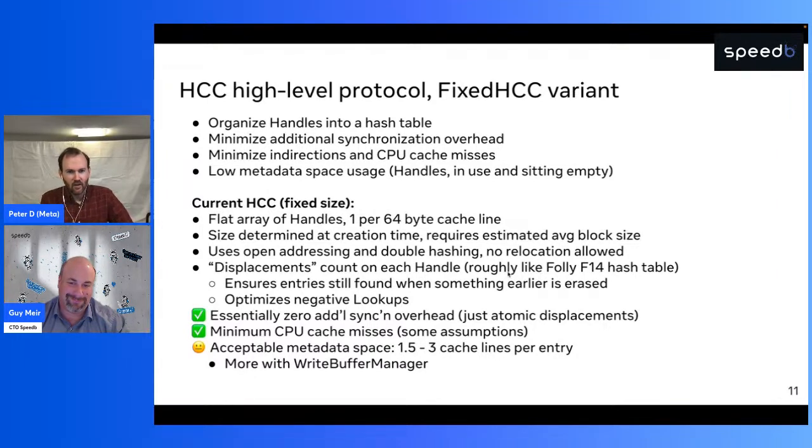By the way, this is sort of like a hash table in the Folly library called F14. If you ever need a really fast hash table, this is what we use at Meta.